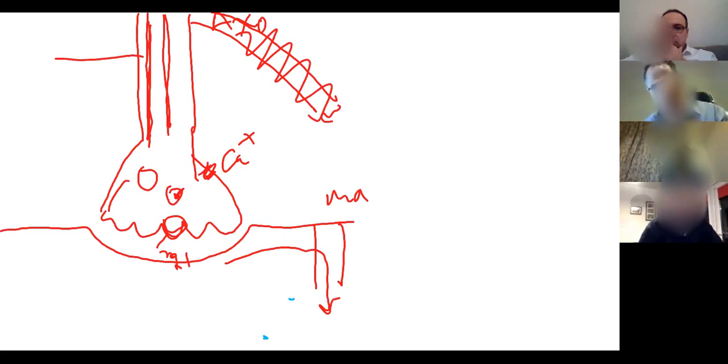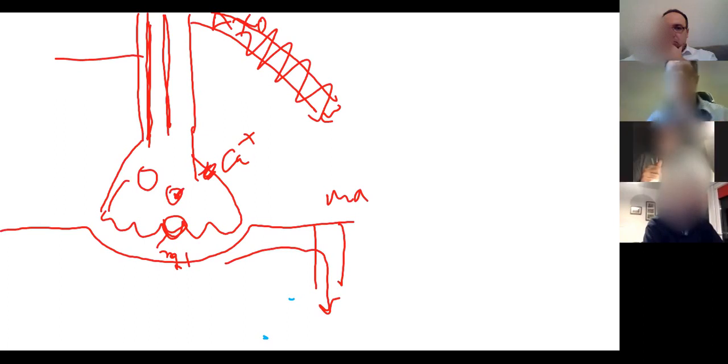So once it's blocked, no more action potential can come across, so there's no more sodium coming across into the sarcolemma. Therefore, there's no action potential in the sarcolemma traveling down the T tubules. Therefore, there is no calcium release into the sarcomere. Therefore, the binding of the actin and myosin proteins will not occur. So therefore, instead of binding tight, release, you get the relaxation of the muscle.